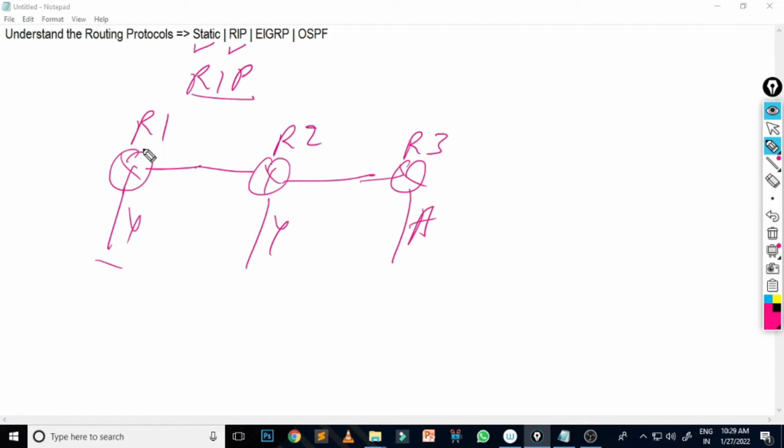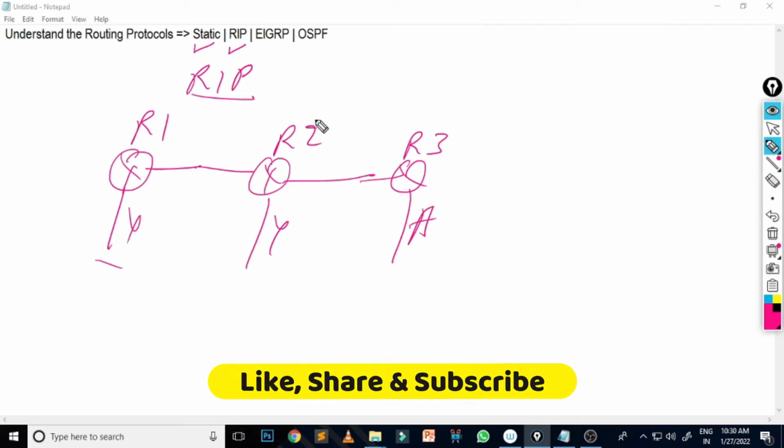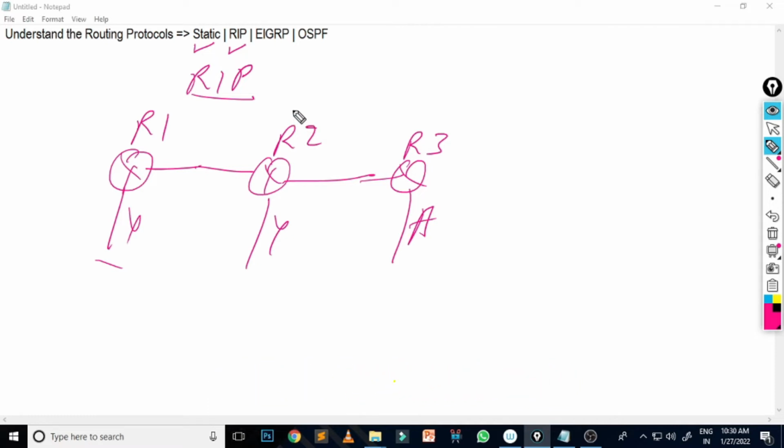They manage this automatically because, as I said, routers are intelligent devices, right? When we configure a dynamic routing protocol, whether it is RIP, EIGRP, OSPF or any other, it uses the intelligence available within those devices.